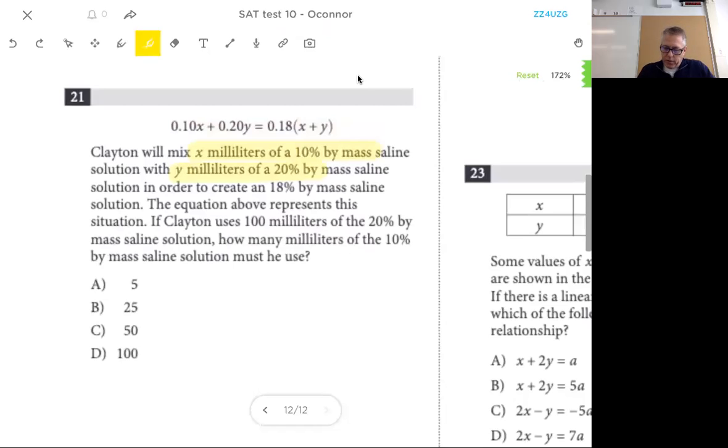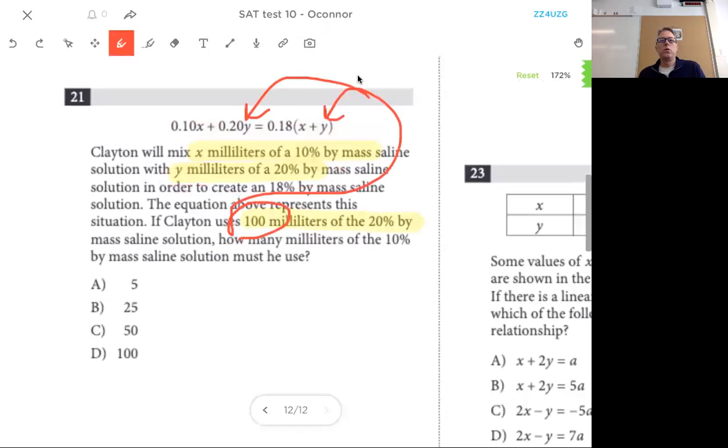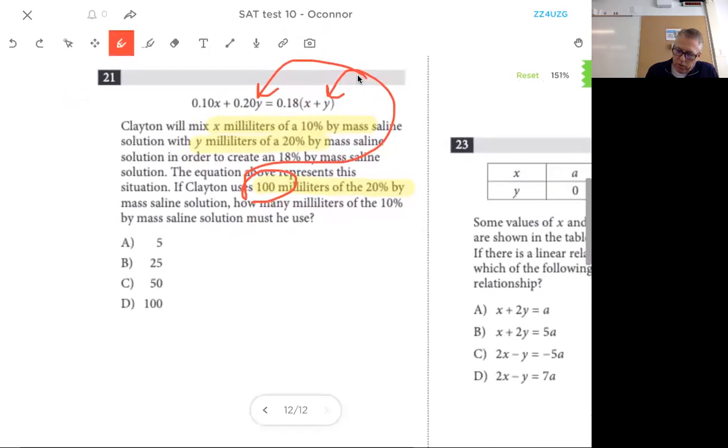It says if Clayton uses 100 milliliters of the 20%, remember, Y is the 20%. So 100 is our Y value. Once we get that, we want to solve for X. All we have to do is read carefully and know where to plug the 100 in.